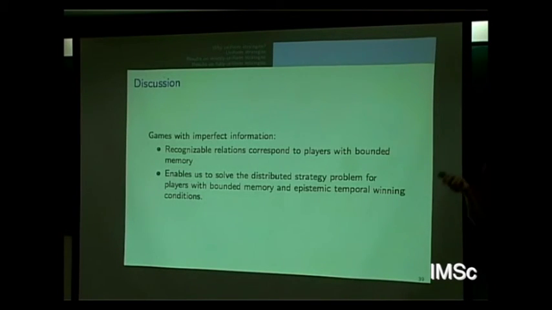So it's not really surprising that it's decidable then, because with bounded memory you can do power set constructions, etc. But then with this automata technique you can easily solve games with several players with bounded memory, imperfect information, and epistemic objectives. But on this I'm not sure exactly what results are known, but with these techniques you can do that.